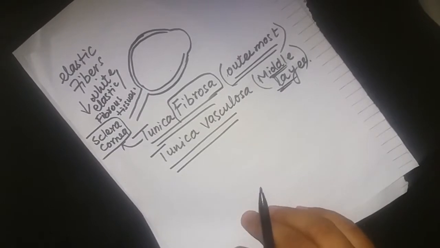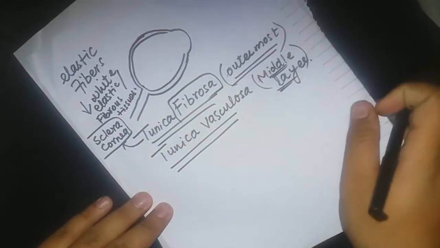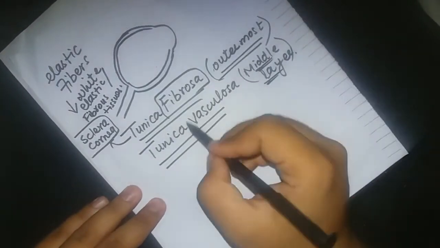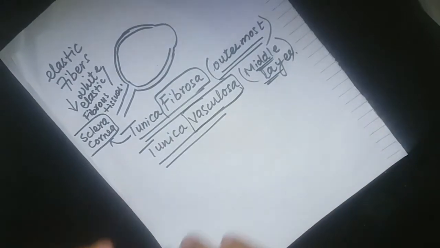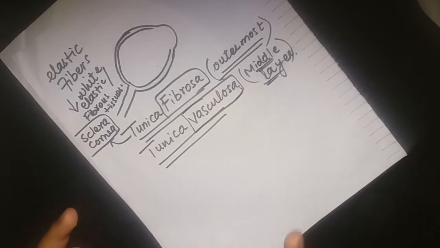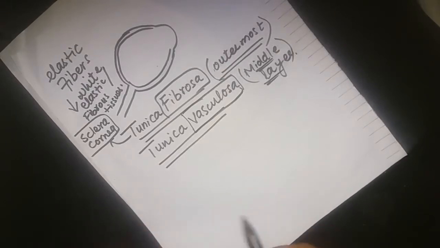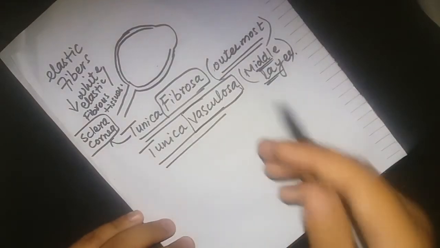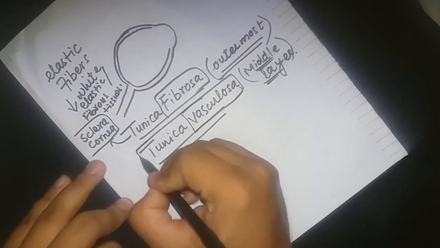When we move toward the second layer, known as the tunica vasculosa, this layer is highly vascular, which provides nutrition to the most delicate layer of the eye, the retina, which I'm going to draw after discussing it. What does highly vascular mean?